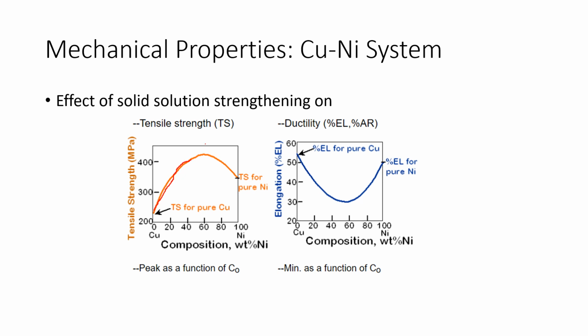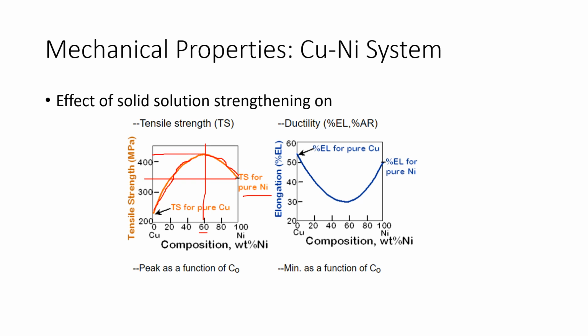The tensile strength increases linearly from about 200 megapascal until the peak of 400 megapascal is reached, but after further addition of nickel beyond 60%, the strength decreases similarly, so that we reach pure nickel, 100% nickel, at this point, which is about 350 megapascal.